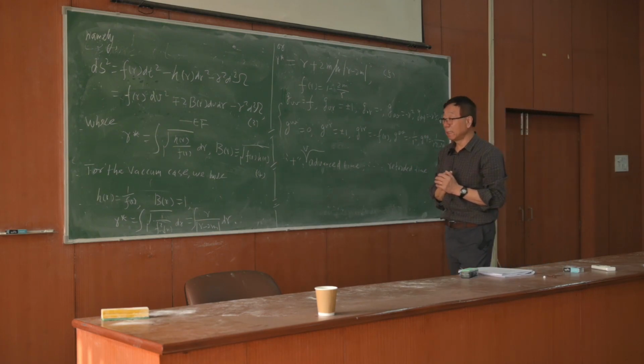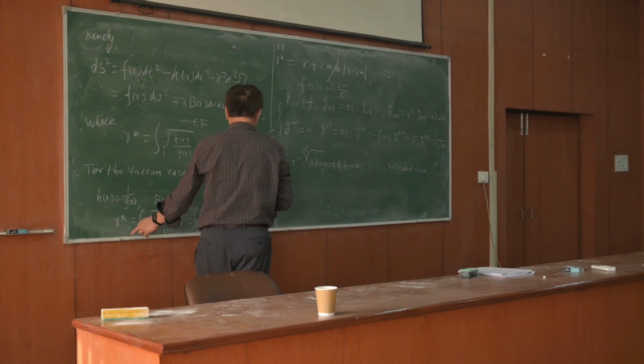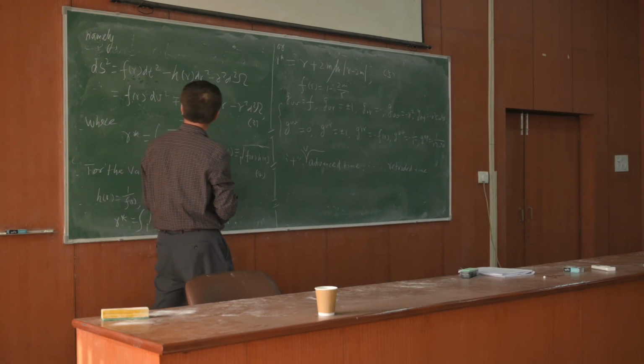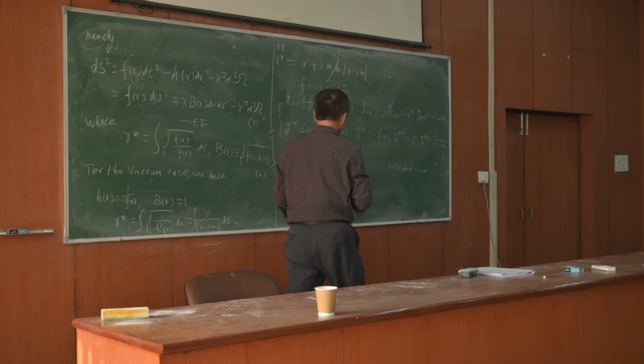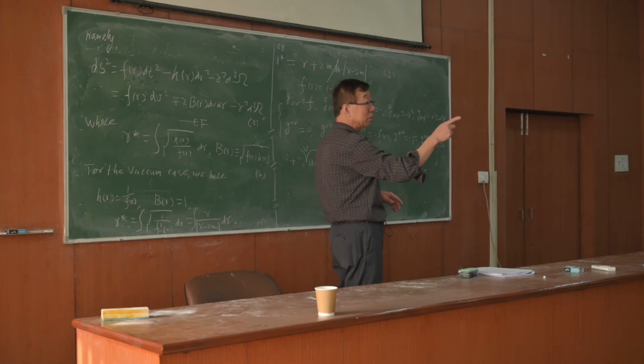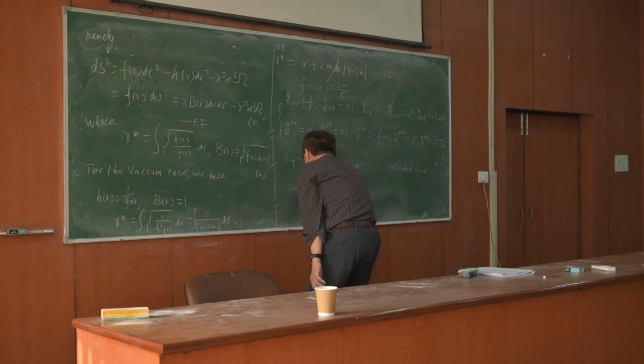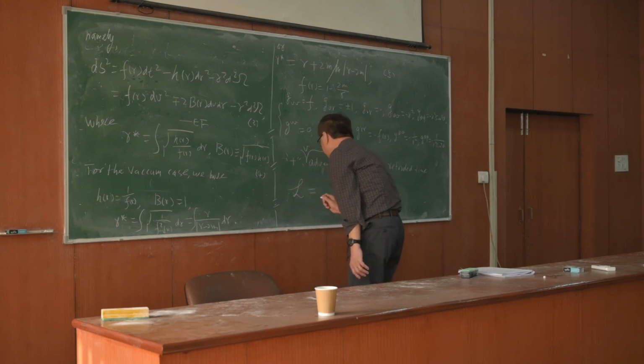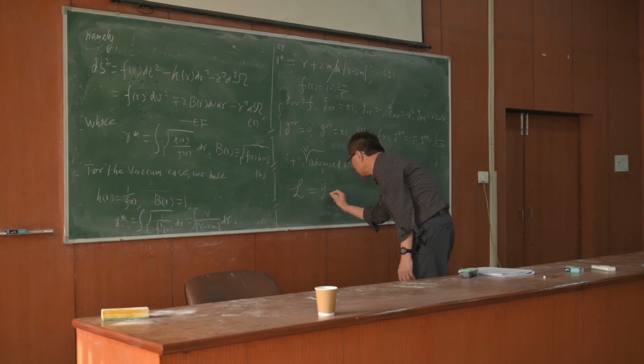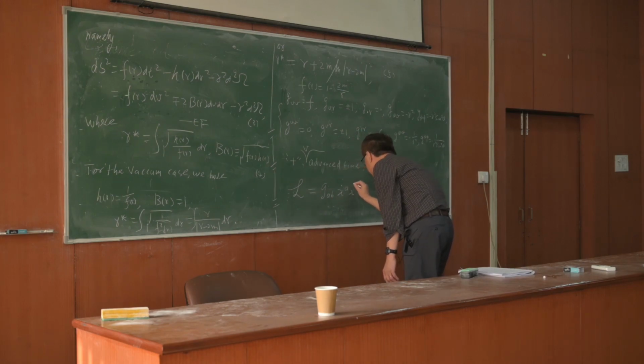So I introduced this r star. You will find r star very important. Now yesterday, when we talked about the motions, I think you come back to consider this. This will give us, for example, g_ab x dot a x dot b.